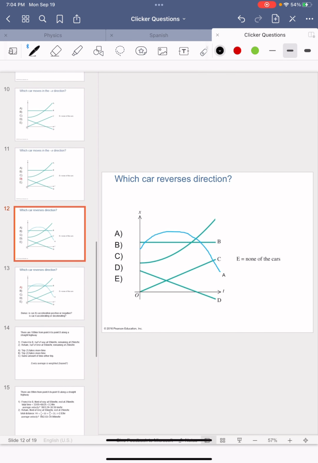Next question: which car reverses direction? This question was actually the first one when we chose E, but now we have one more new line, which is A here. This object will reverse direction because it first went up and then it started going down. So the answer here is A.